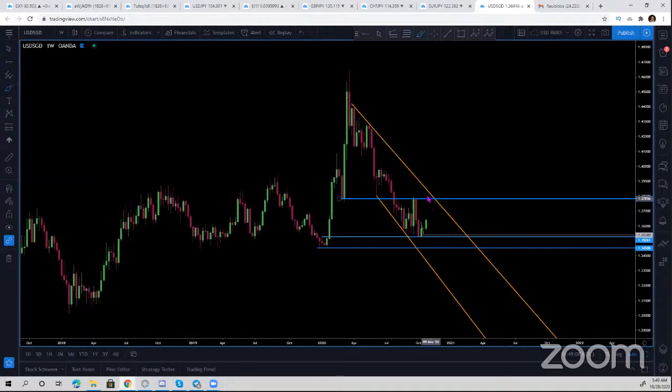What I do is when I see levels right here, like this one, which is a super strong level, and actually I hadn't seen that level until now that I put on the weekly chart, because this is the first time that I look at the weekly chart on the US dollar Singapore dollar since I took this trade, right? But really, we don't know what's going to happen here because if we look at historic price action, this is where big buyers jumped into the market.